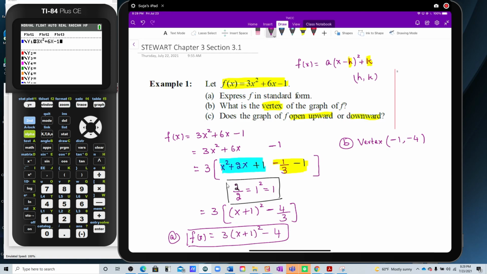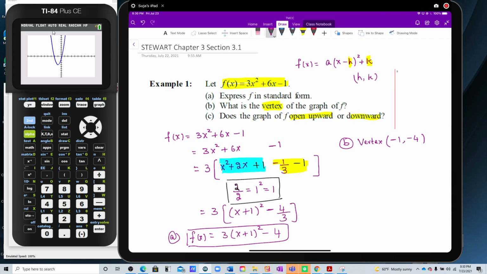It doesn't matter, both would be the same. I'm keeping my viewing window at negative 10 to 10, scale as 1, for both x and y. This is called a standard viewing window. Again, for calculator help, please go through the calculator help videos that have been posted. You can also go to the TI website and go through some tutorials so that you get familiarized with graphing. Now I'm going to hit graph.